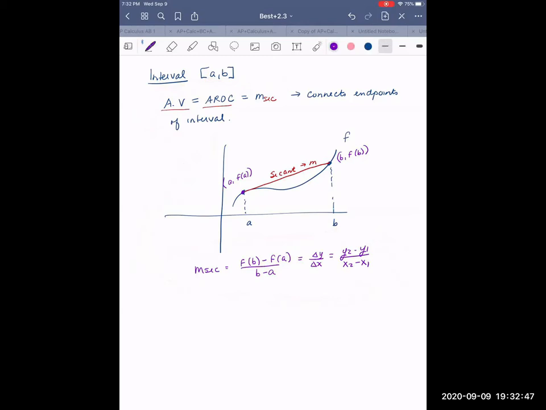So again, the average velocity is equal to the average rate of change of a function over an interval from A to B, which is simply the slope of the secant line connecting the endpoints of that interval, okay, which is equal to f of B minus f of A over B minus A, which is delta y over delta x, which is y sub 2 minus y sub 1 over the change in x, x sub 2 minus x sub 1, which is also equal to the difference quotient, f of A plus h minus f of A all over h, okay?